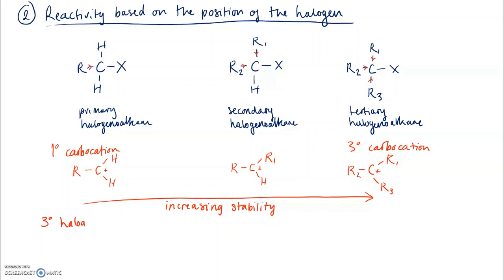So tertiary halogenoalkanes generate tertiary carbocation intermediates in SN1. It's important, it is only in SN1.